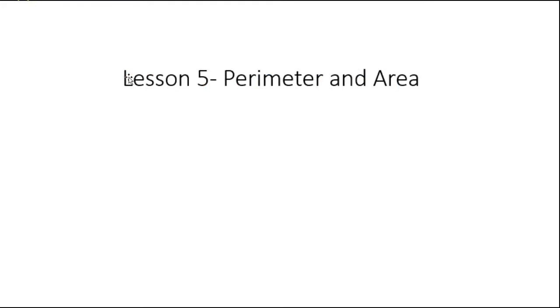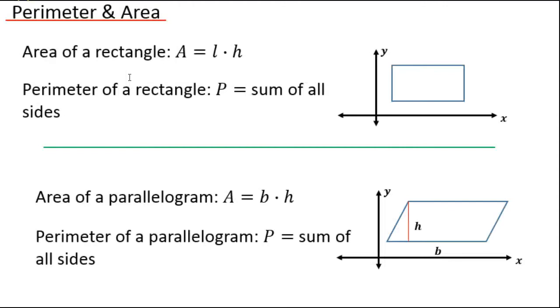And then our final lesson for this part 1 was lesson 5, perimeter and area. Certain things you might want to write down are these formulas. The area of any rectangle or square is length times height, or base times height. So in case we don't know, this would be my base or my length, and this is my height.